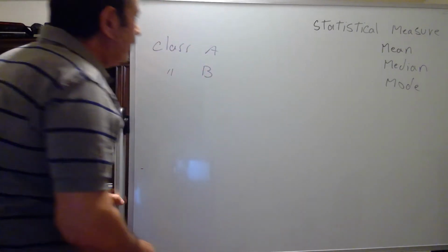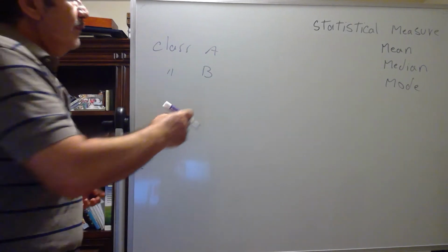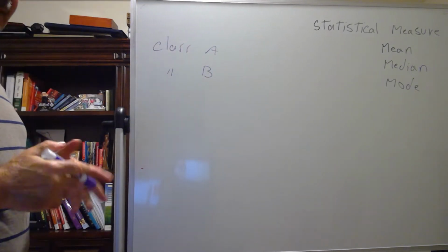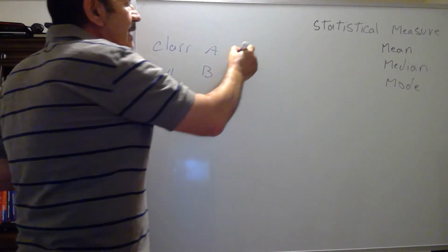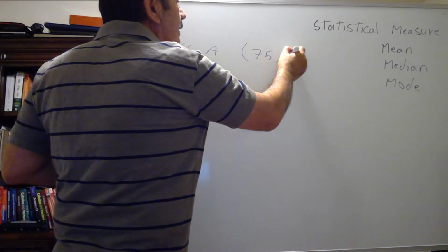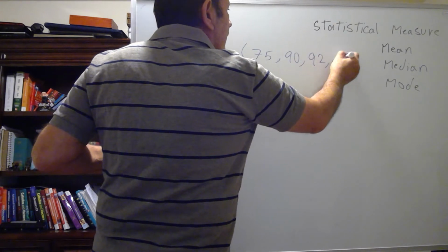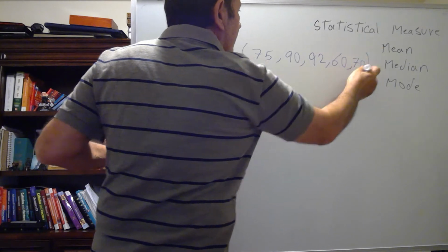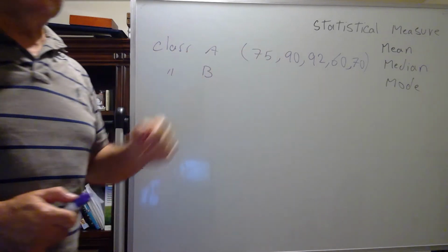As an example, let's say class A has 5 students. I'm just using a small number to make it easier to calculate. The marks of the 5 students in class A are, let's say, 75, 90, 92, 60, and 70.